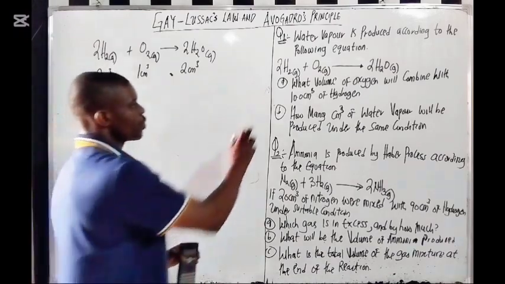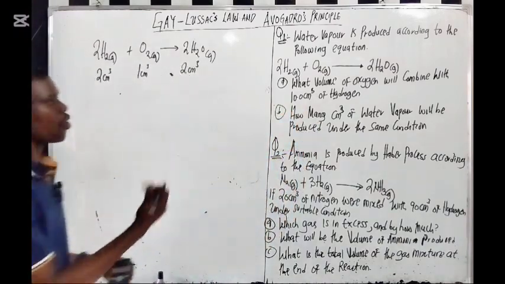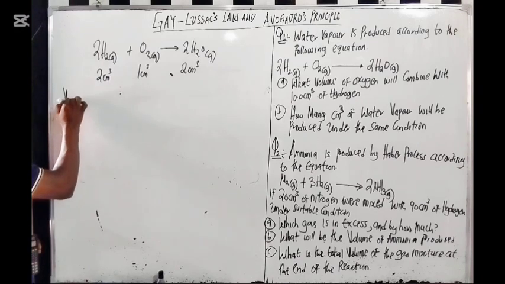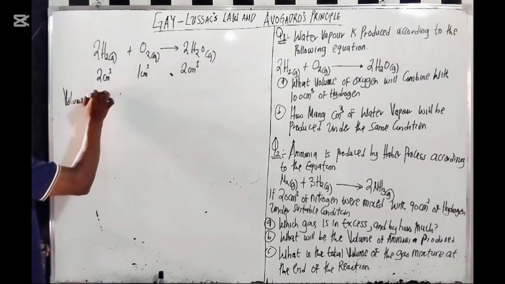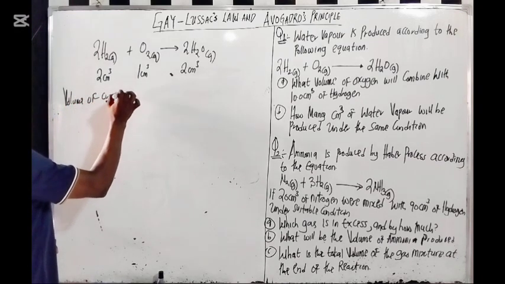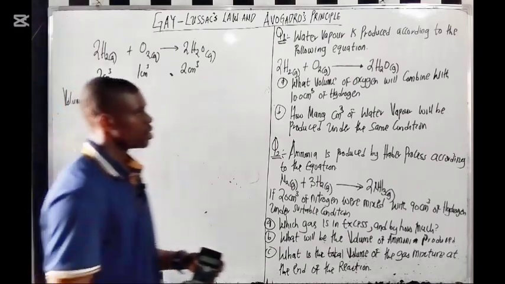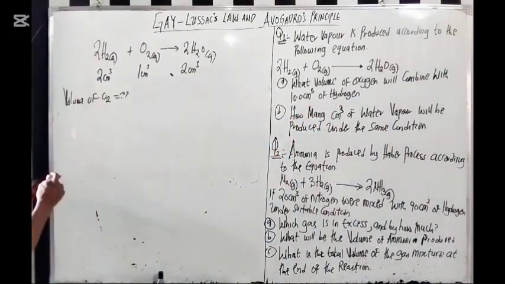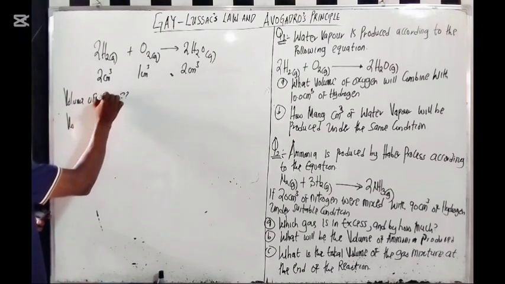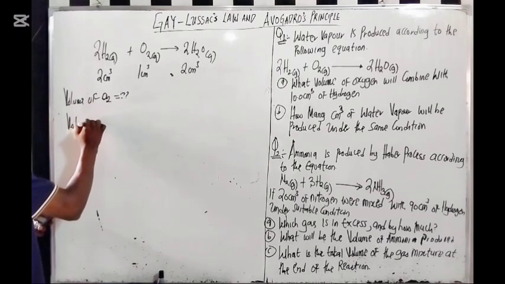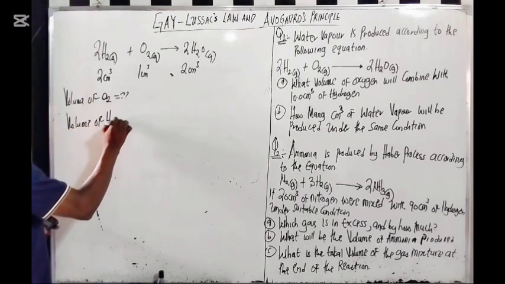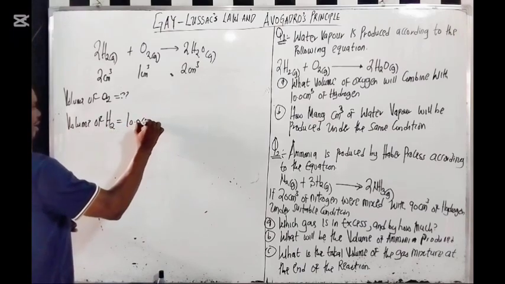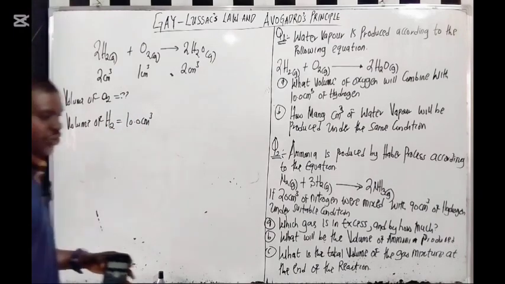Now, if you look at A, what is the volume of oxygen? You don't know, so it's a question mark here. Now they give us the volume of hydrogen, which is 10.0 cm³.